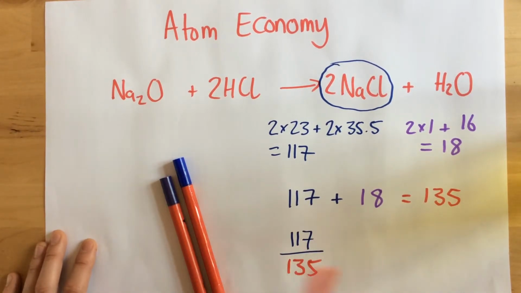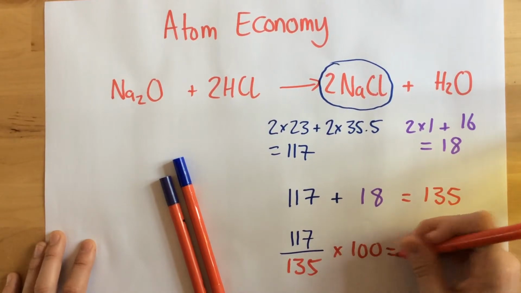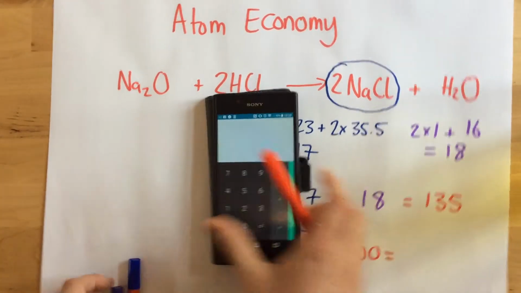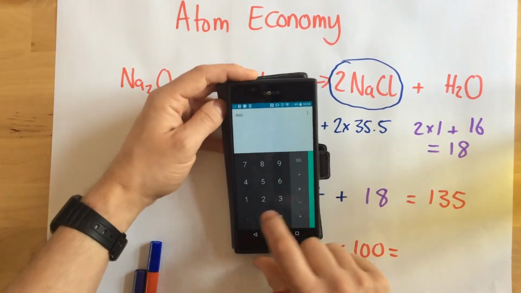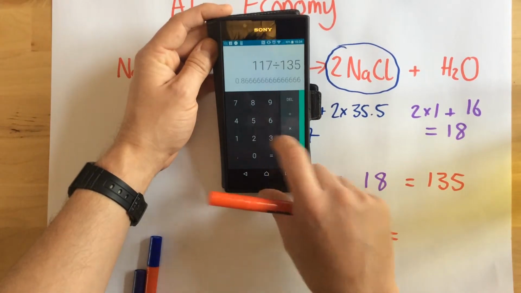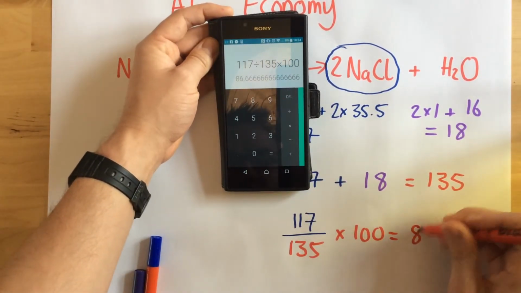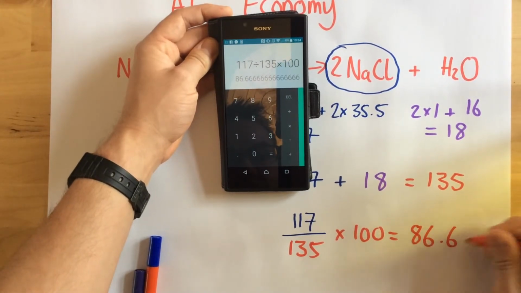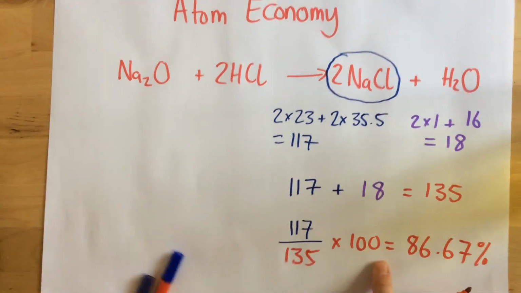And to express it as a percentage, all I'm going to do is multiply my answer by 100. So let's quickly do that. It is 117 out of 135 multiplied by 100. So my answer to this is 86.67%. So that's how atom economy works.